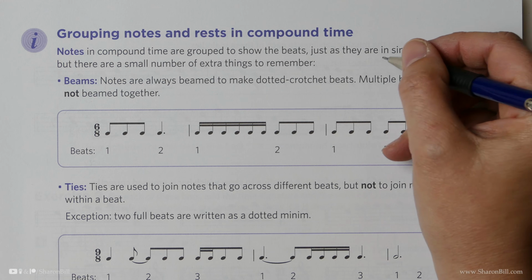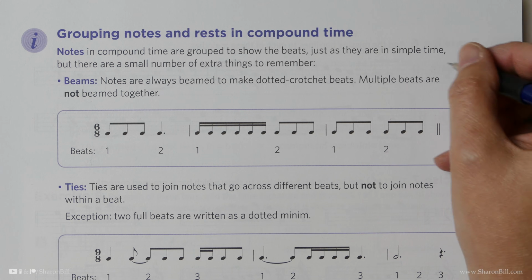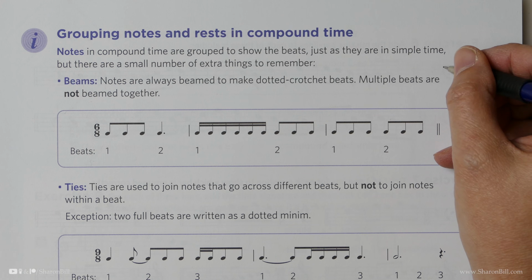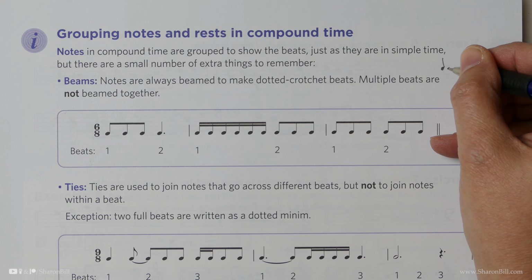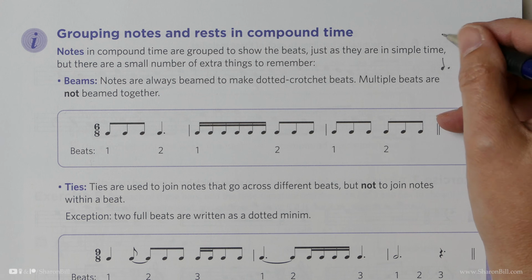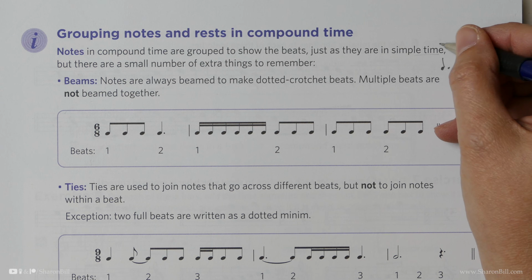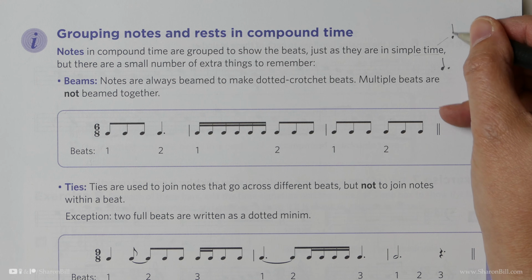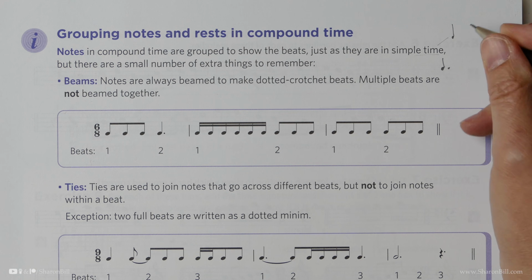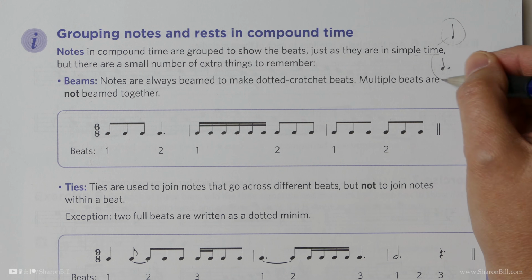It's just that in this context, compound time, because we're dividing into threes, we need to show each dotted crotchet beat, whereas previously, because we were in simple time where it was divided by twos, we just showed each crotchet beat. So we need to show each new beat.